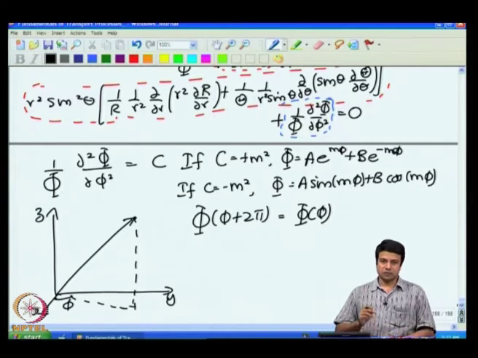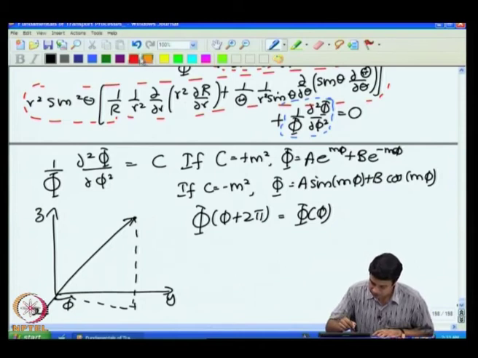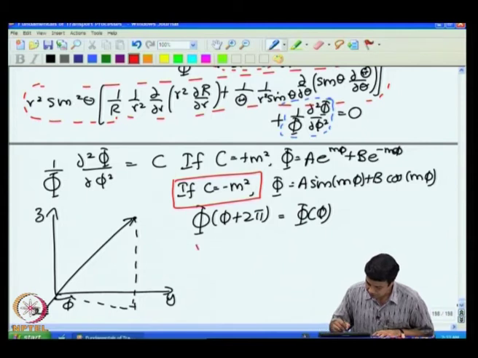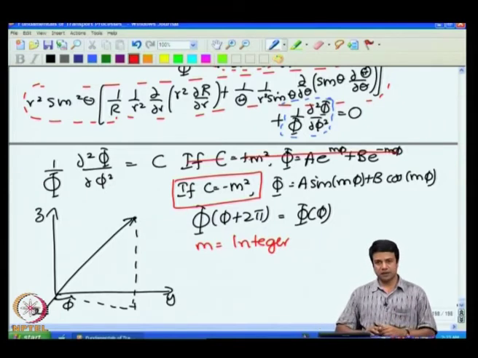So, I get integer eigenvalues in the phi direction just from the consideration that when I go around by an angle of 2 pi, I should return to the same physical location in space. That means this one is the correct choice, where m is an integer, whereas the exponential one is the wrong choice, because exponentially increasing or decreasing functions will not have the same value when you increase phi by 2 pi.